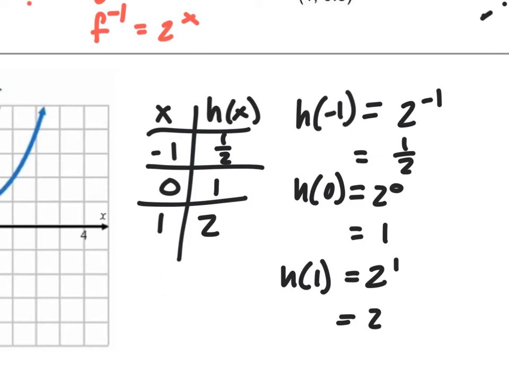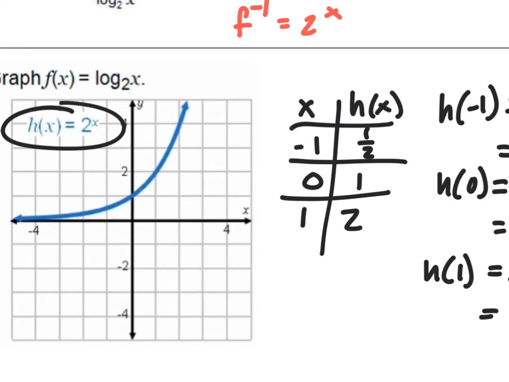Notice that these points are on the graph. This is the point 1, 2. This is the point 0, 1. This is the point negative 1, 1/2.